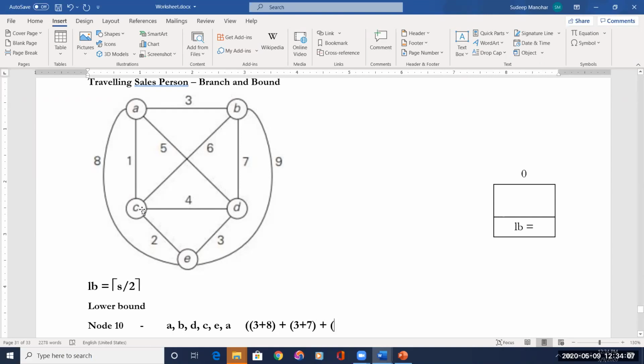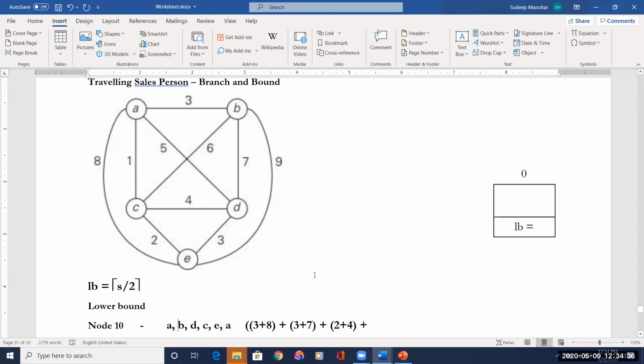Next, C. For this C, look at this. C to D, C to E. That is 2 plus 4. Plus next vertex D. For D, adjacent are B and C. D to B, 7.